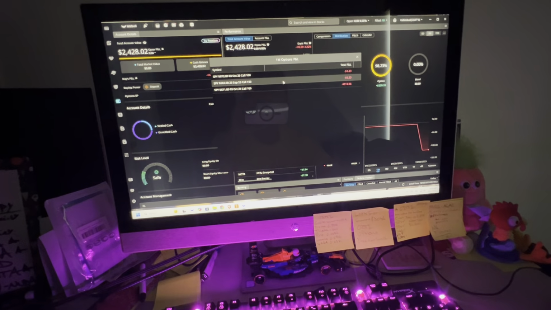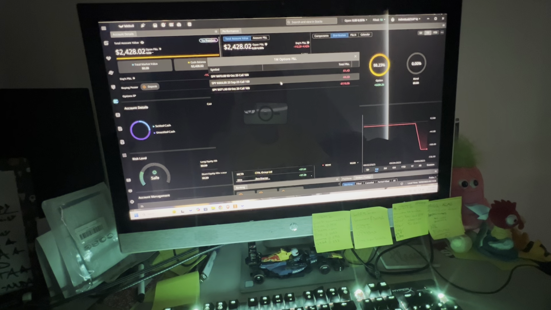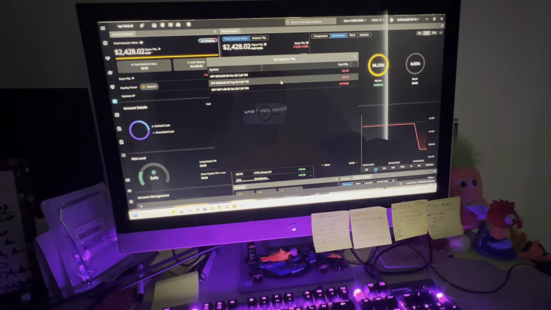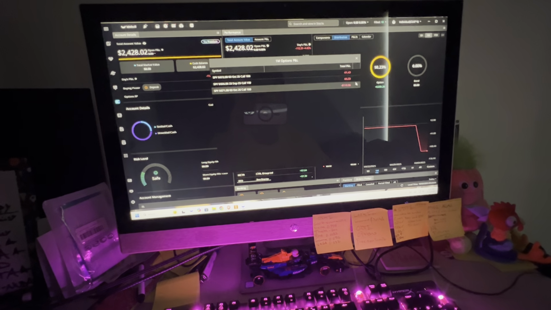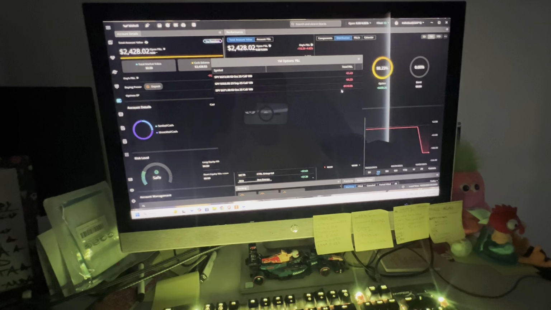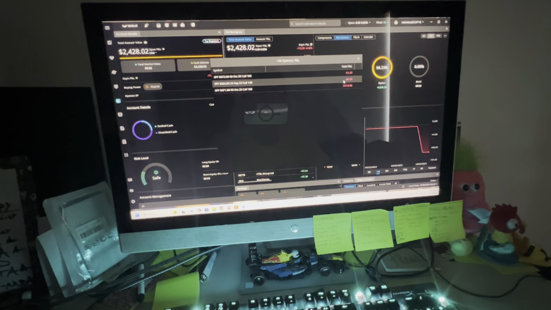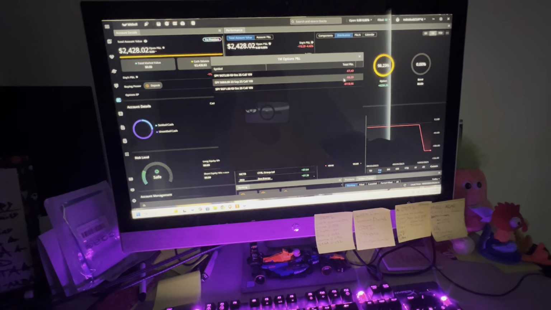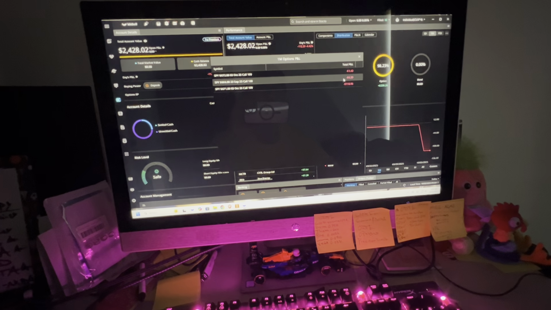Calls there, calls there. So this is the results. This is my main one that I lost on, which I wasn't able to manage my position and my risk. That was the one. These two right here were the small ones that we just did right now, where I was able to manage my position and my risk. And guess what?